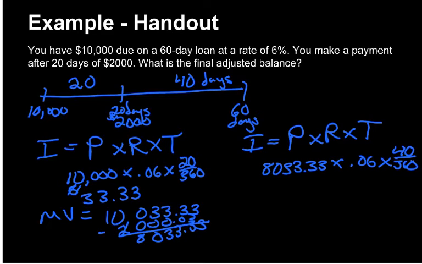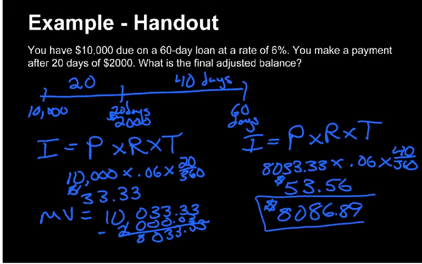When I multiply all of that out, I get interest of $53.56. So if I add that to my principal that I started with in this problem, which would be $8,033.33, I end up with $8,086.89. And that is the adjusted balance that is due at the 60 days.